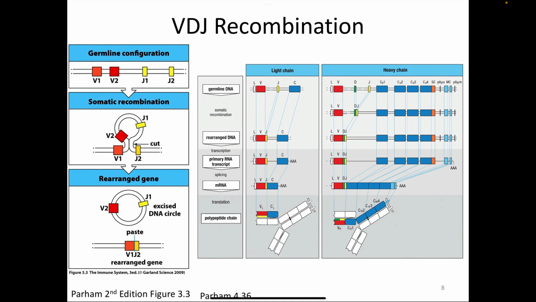We've talked a lot about what's going on with the V, D, and J segments, but I really haven't said a ton about what's going on with the constant region DNA. So I have a couple of things I want to tell you about the constant region, in terms of what happens with the DNA and how we get to the mRNA and eventually the protein.